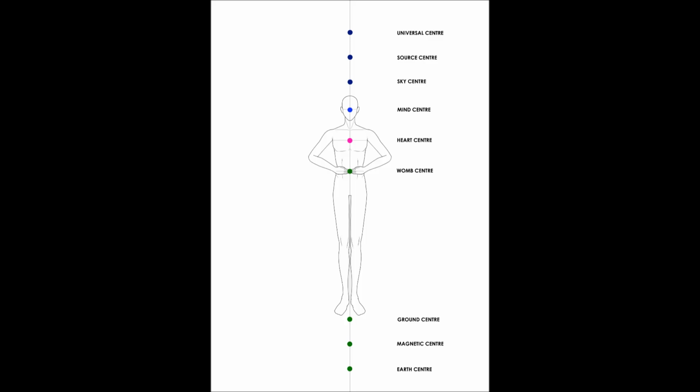The first being the sky center, sphere of energy, followed by the source center point, which sits above it. And finally, the universal center sits at the topmost point, and together they form the higher realm energy centers. I want you to imagine a sphere of consciousness just above your head.